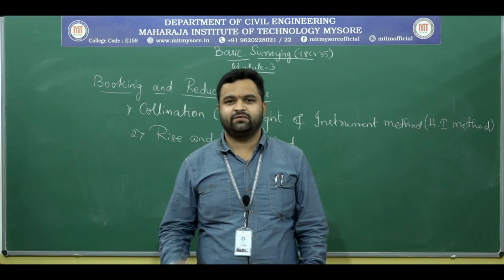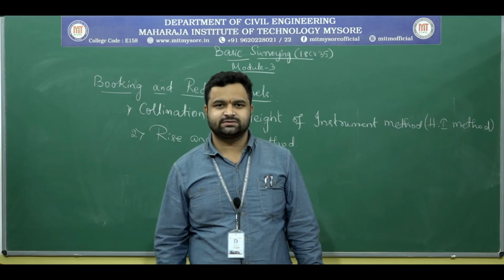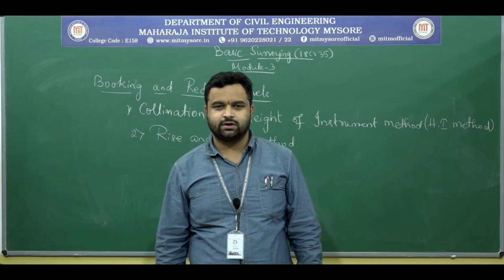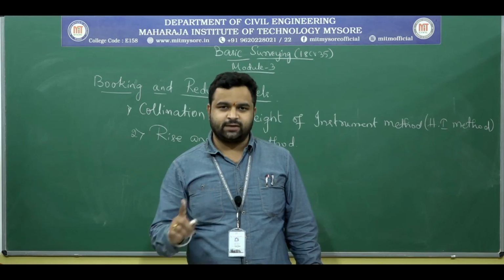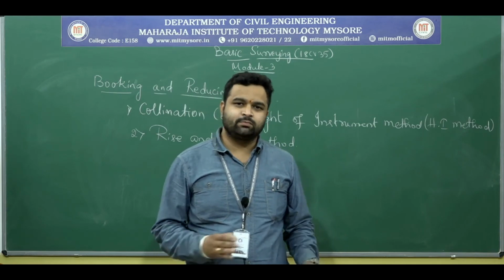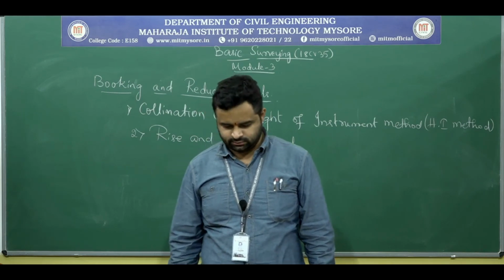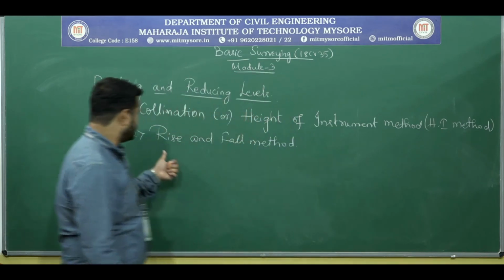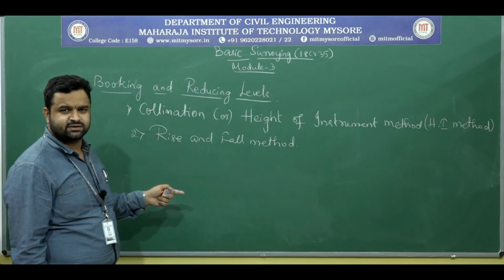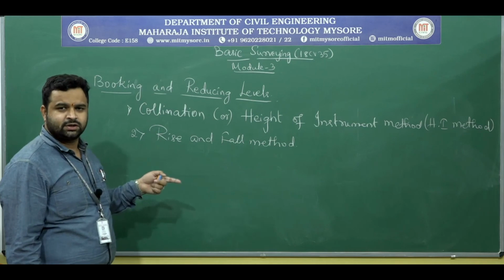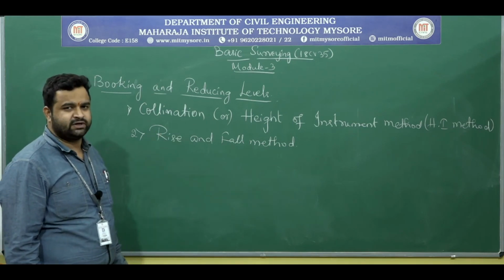The difference between their staff readings indicates a rise or fall according to whether the staff reading at that point is smaller or greater than the preceding point. In this case, what you are going to do is take the difference between two consecutive readings to obtain the RL of consecutive points.